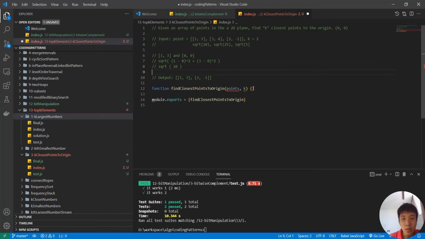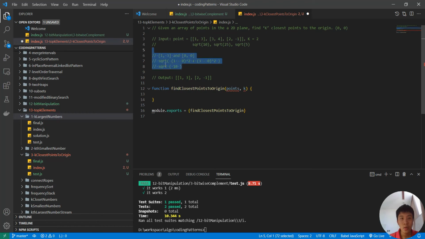So let's try to solve it, right? The only difference is we need to calculate the distance between each point and the origin.